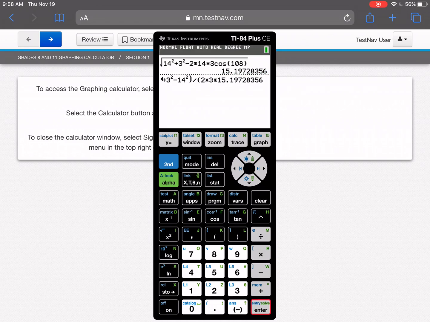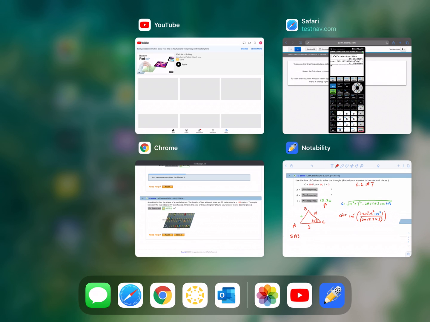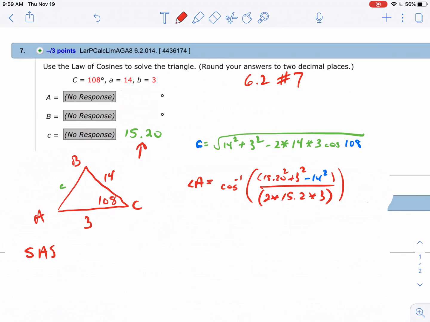Now you might get lucky enough that the 15.2 is close enough, but I'm ensuring that I'm the most accurate by doing it this way. So I'm getting 61.17, and the 8 would say round up, so 0.18. So 61.18.